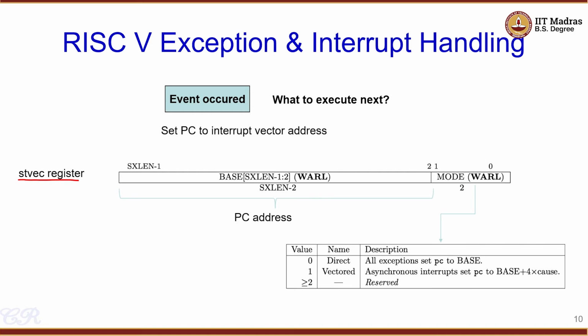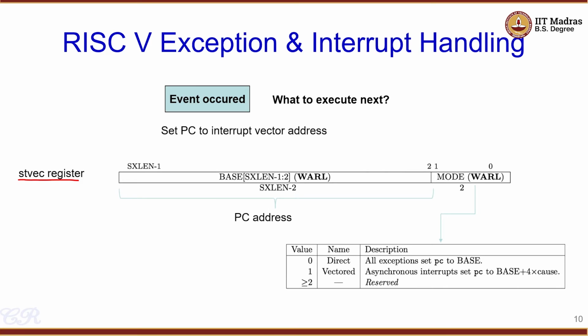It has this particular format as we see over here, in which the base part holds the PC address, and we have 2 bits over here which tell you the mode, whether it's direct or vectored and so on.